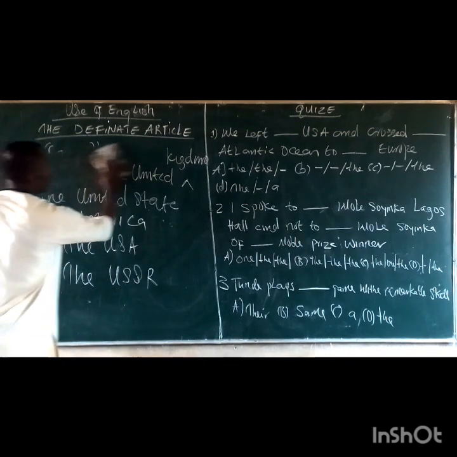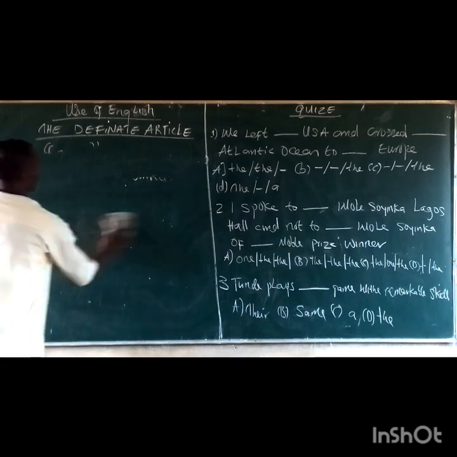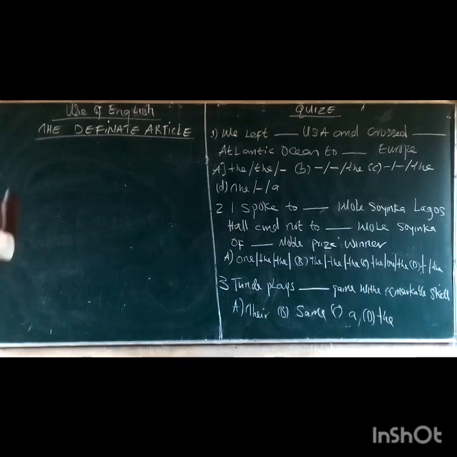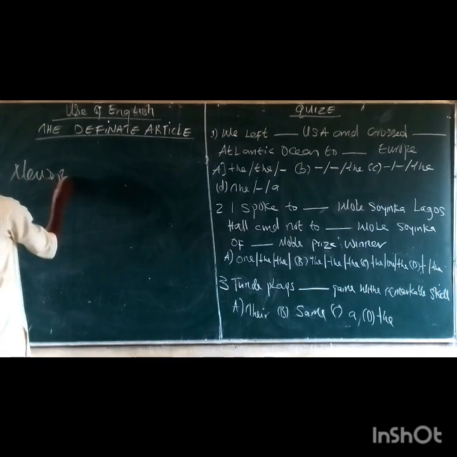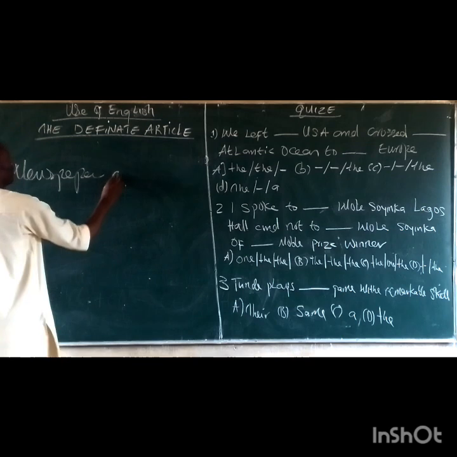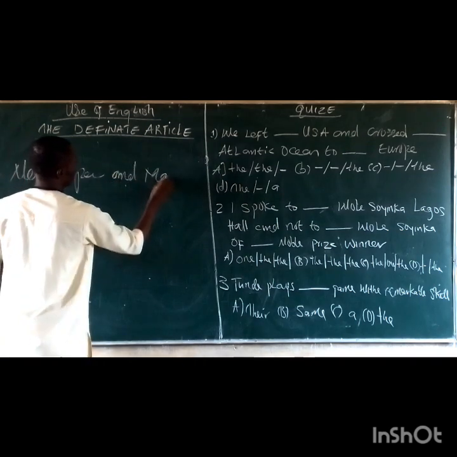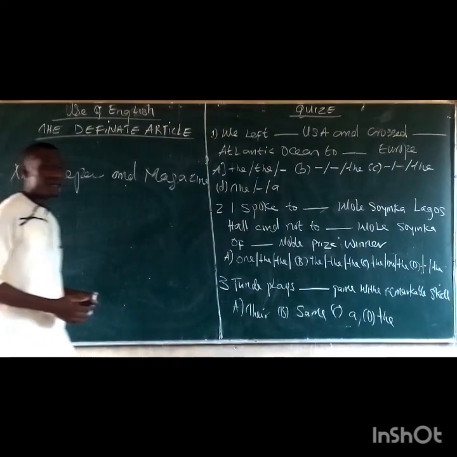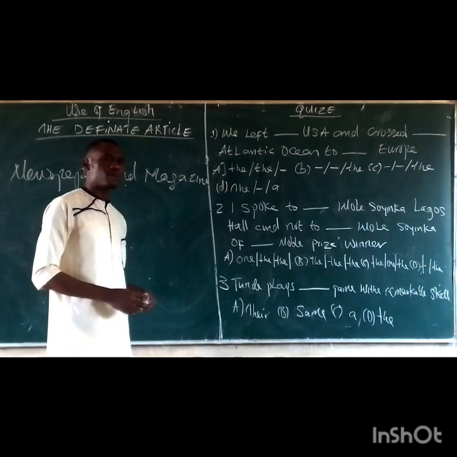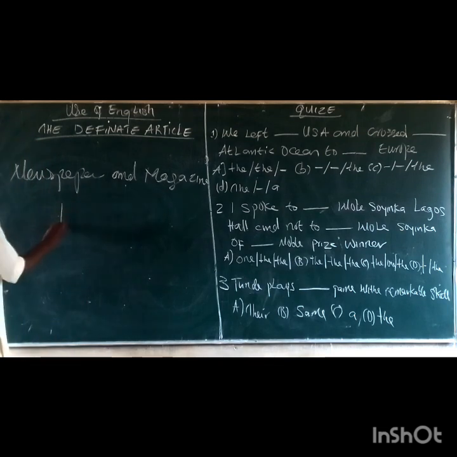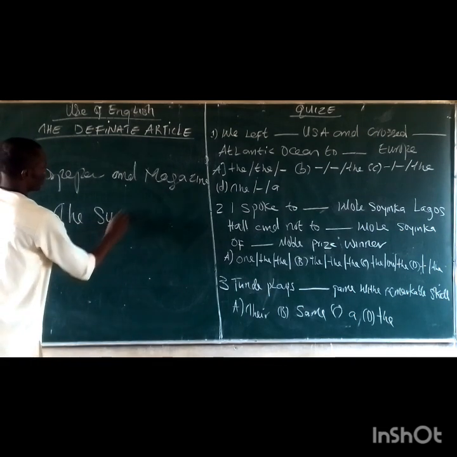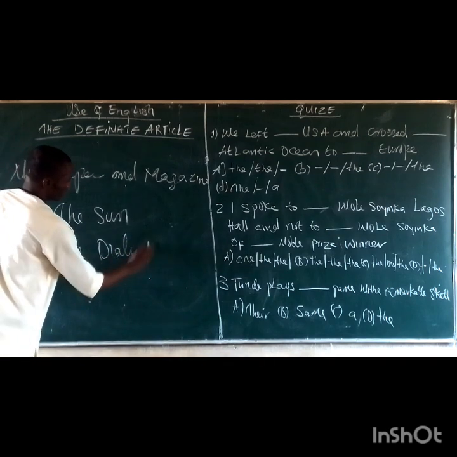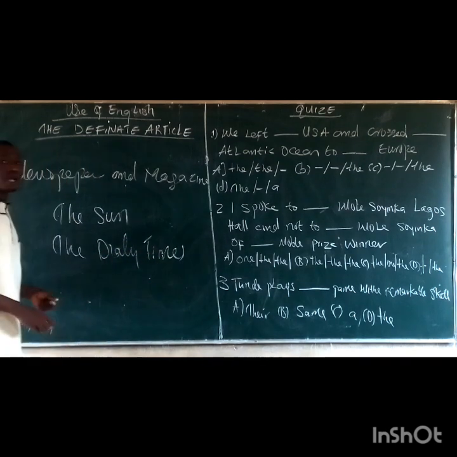Alright. We move to the next one. The definite article can be newspapers and magazines. In West Africa, Nigeria, we have newspapers like The Sun. We have the Daily Times newspaper.